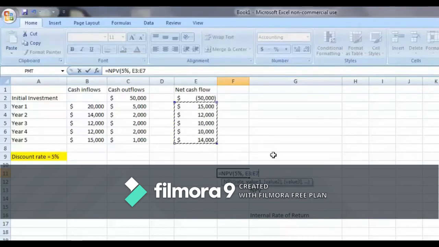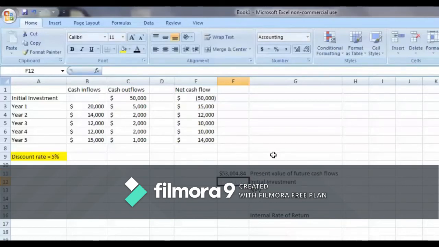Because of the way Excel handles the net present value function, we only want to highlight the future cash flows for this project, not the initial investment. Close that function, and that value represents the present value of the future cash flows in the project.